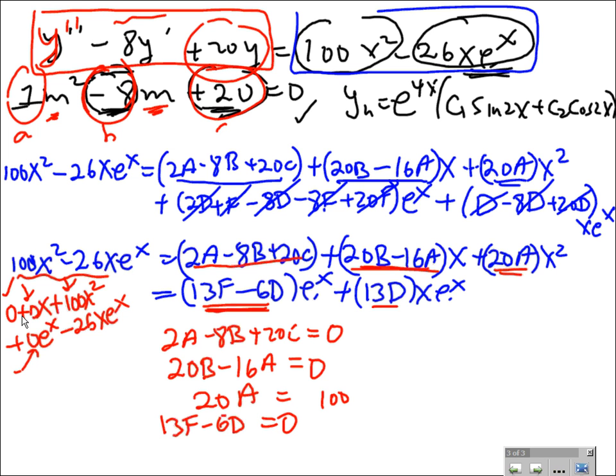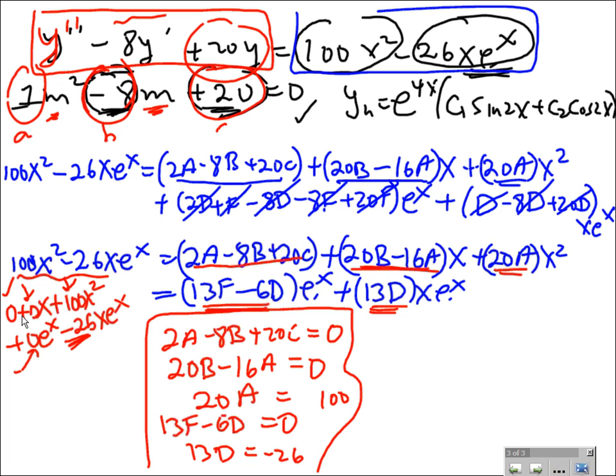And on the right side, I have 13d x e to the x's. On the left side, I have negative 26x e to the x's. So 13d must be negative 26. And this is what we want to solve. From here, we want to solve for a, b, c, d, and f.